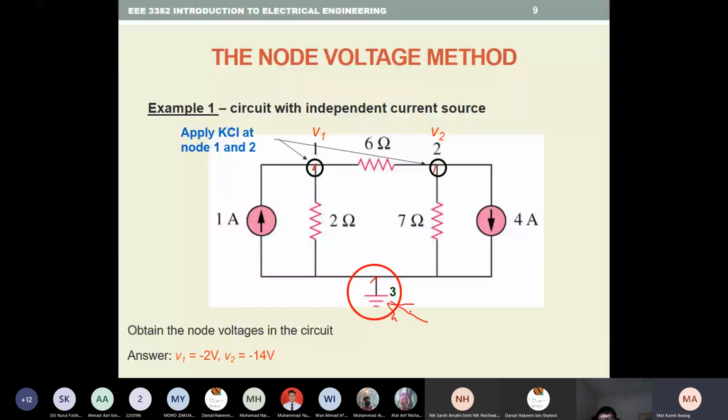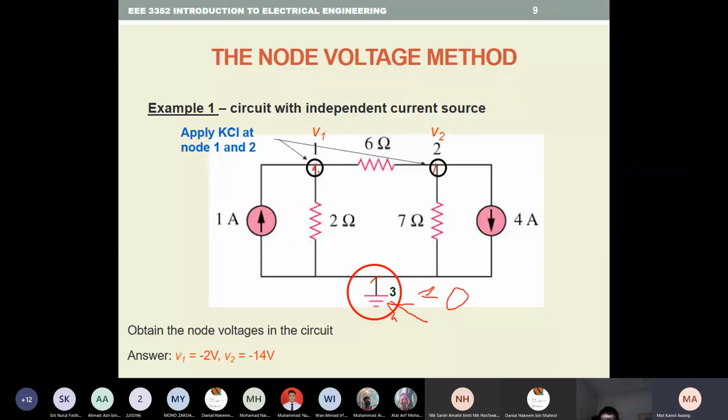So this is actually equal to 0. Now, this one you name it as V1, and this one you name it as V2. So you need to obtain the voltage in the circuit. So you need to calculate for V1 and V2.